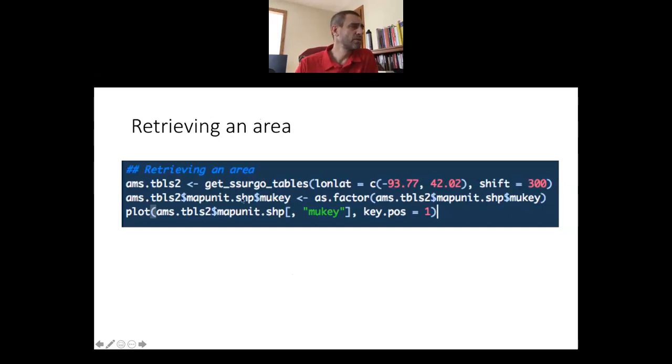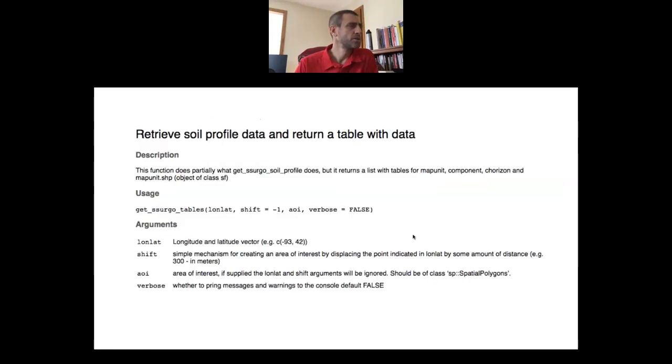Here this line of code just converts this map unit as a factor, which is needed for further plotting. And I'm just using the plot function here, generic, for looking at the map unit key, and this key position 1 puts the key for the graph at the bottom. You see that you might be interested in defining a different area of interest, and that is possible as an additional argument to this function.